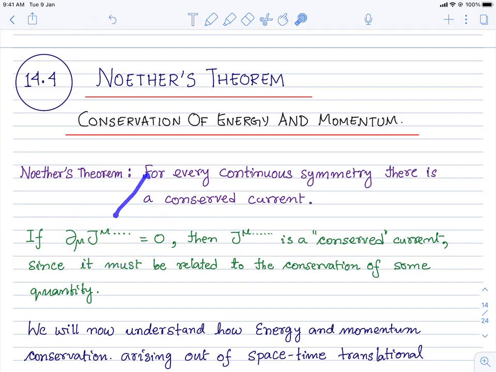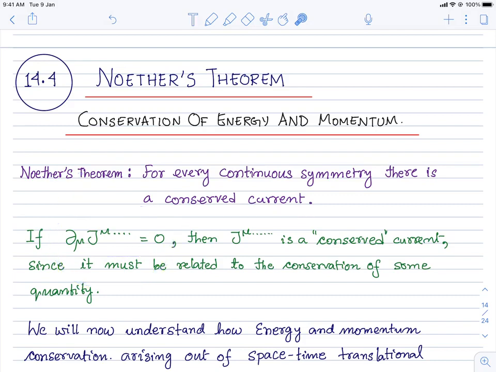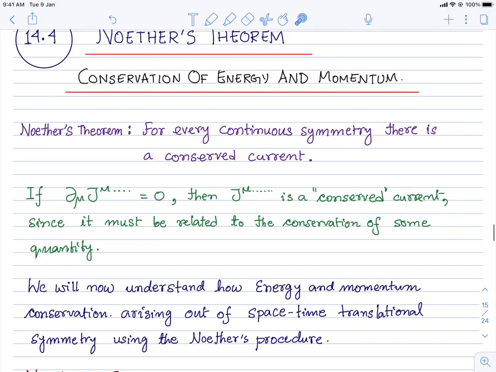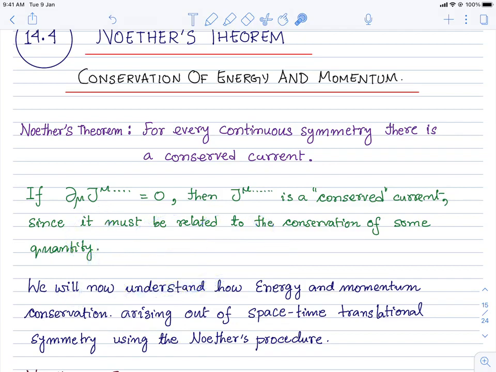So it's in general the divergence of a tensor that's equal to 0. This is what I mean when I say a conserved current. There exists a tensor quantity whose divergence is 0, and as soon as its divergence is 0, then this J naught can be interpreted as something analogous to the charge density, whose integration over space is conserved. That's why it's a conserved current.